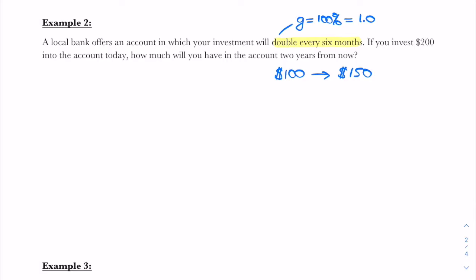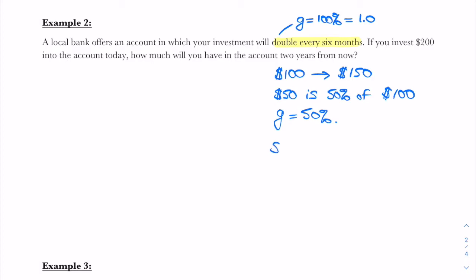So how much money did you gain? You gained $50. $50 is 50% of 100. So in this case, the growth rate is 50% because it increased by 50% of what it was. Let's say your money doubled though.